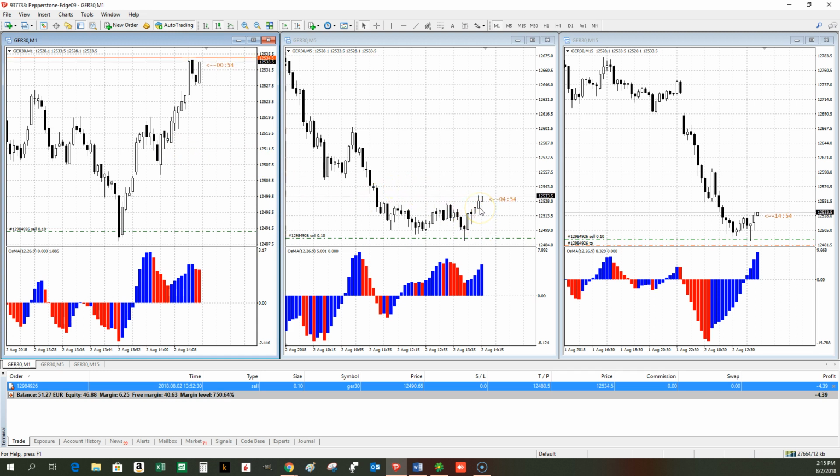We need the drop to be visible on every time frame, meaning that we have red bars here, and we need to have red bars on the 5 minutes, and a red bar on the 15 minutes. It's not the case right now. But we see that Germany is retracing down a little bit.